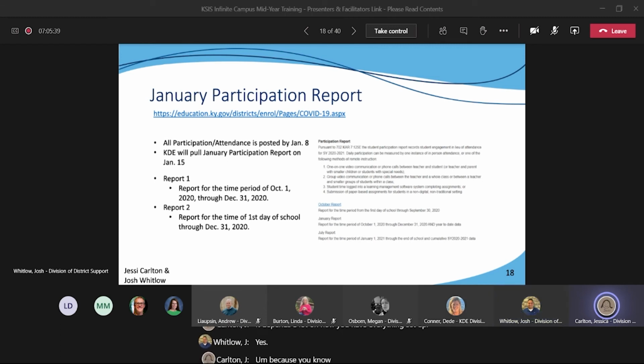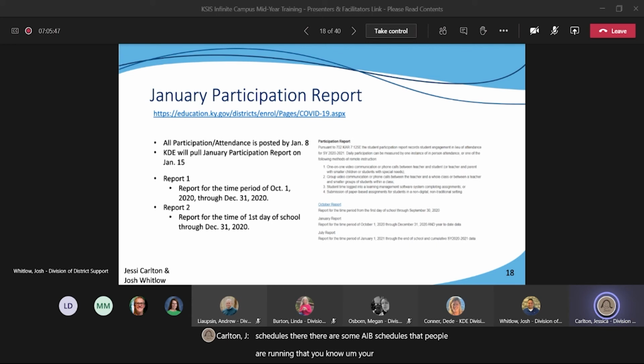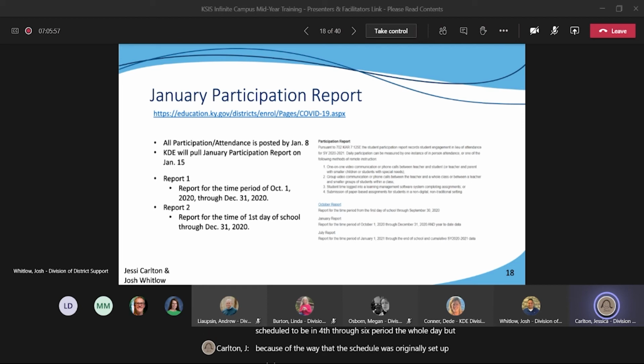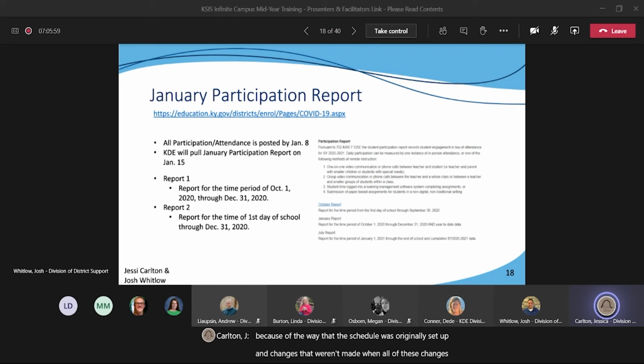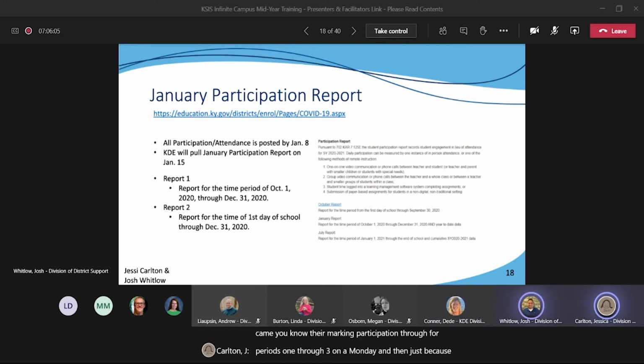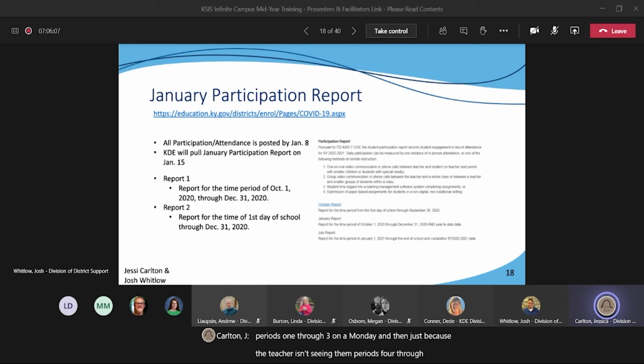Especially with these rotating schedules, there are some A/B schedules that people are running where your student may not be scheduled to be in 4th through 6th period the whole day, but because of the way the schedule was originally set up and changes that weren't made when all of these changes came, they're marking participation for periods 1 through 3 on a Monday. And then just because the teacher isn't seeing them periods 4 through 6, they're getting an NCVP code.